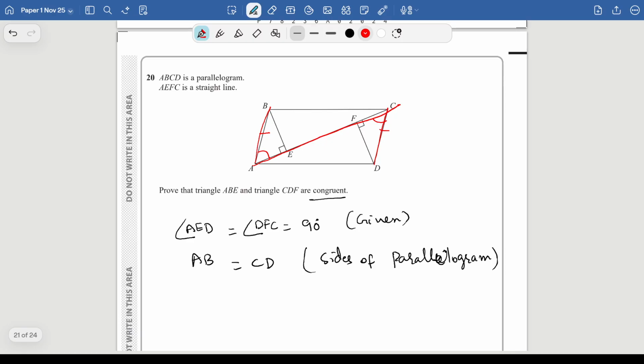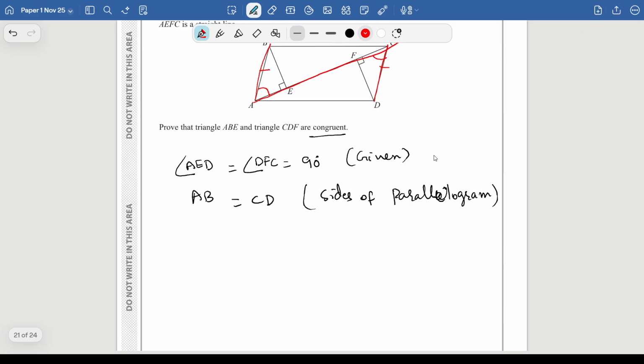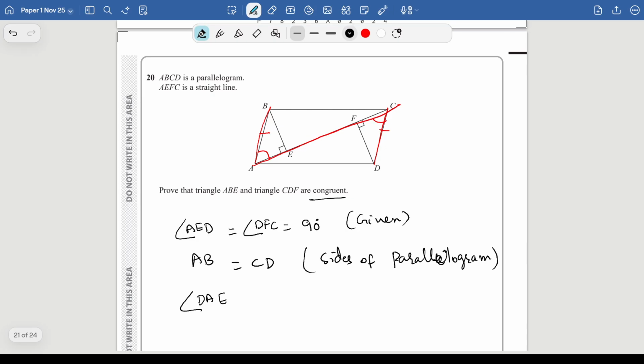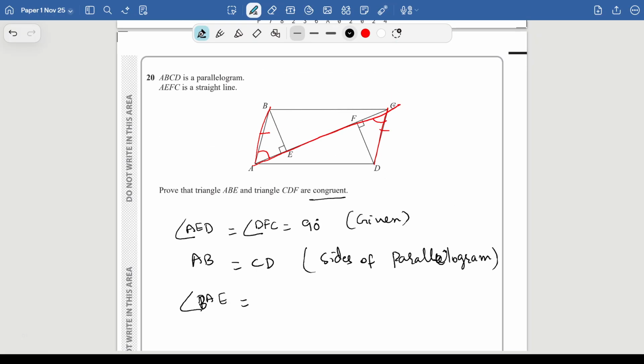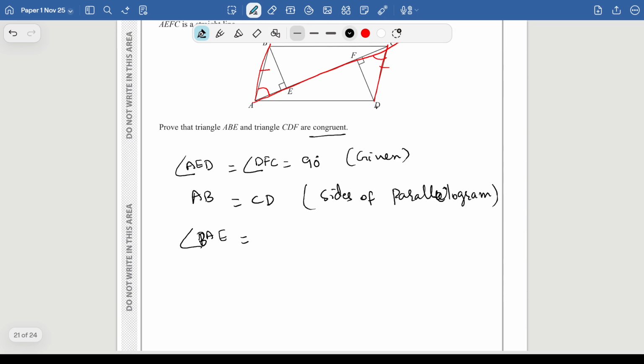So I can say the angle BAE is equal to the angle DCF, because they form an alternate pair.